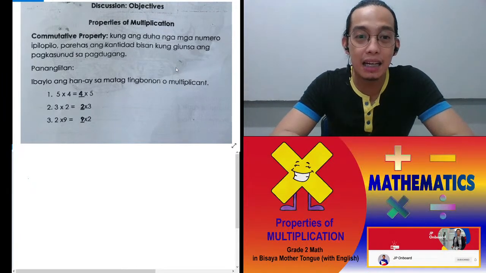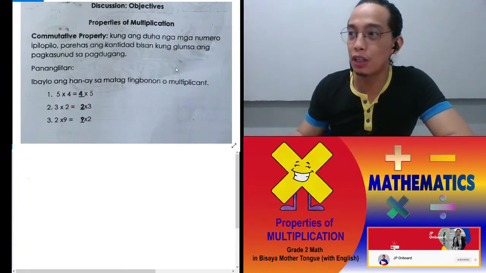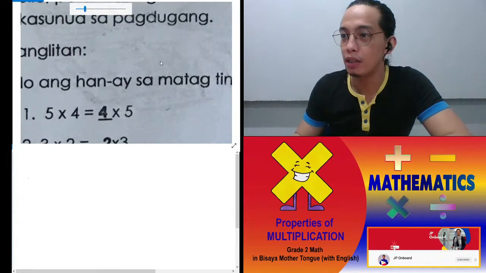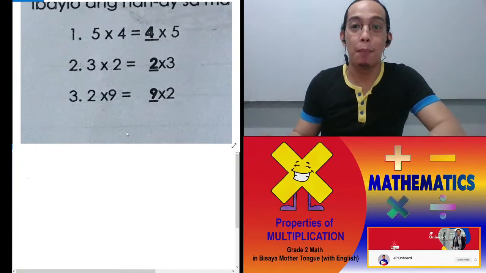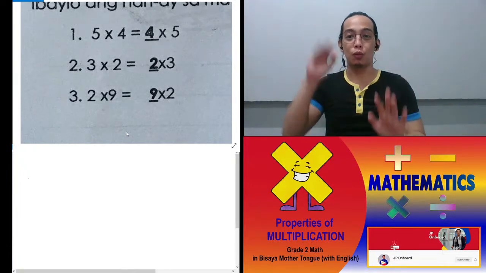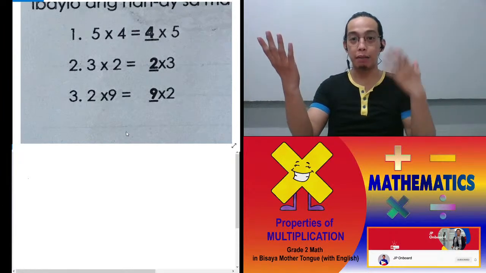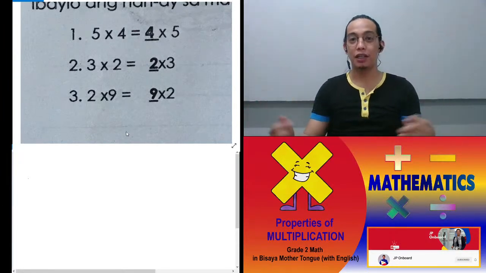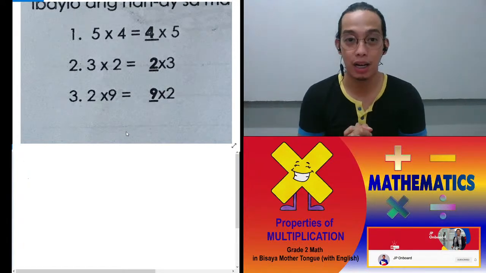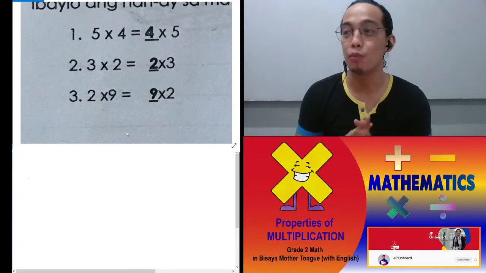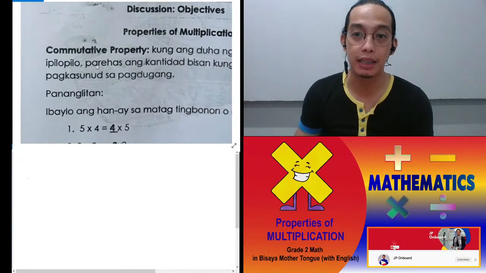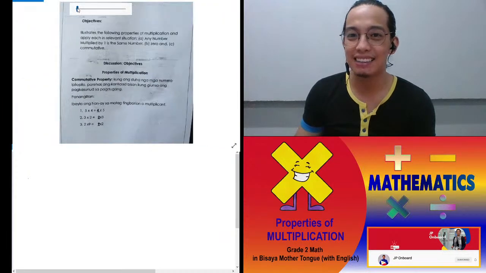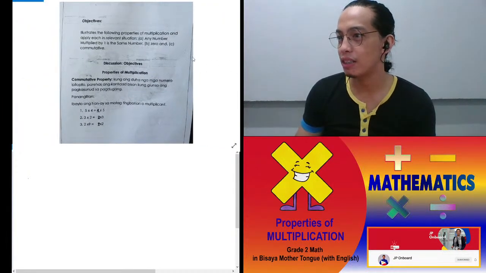And then our third example, 2 times 9, pareho na siya sa 9 times 2. Balihon silang duwa, pareho na siyang answer. That's the commutative property of multiplication. Do you understand? Okay?